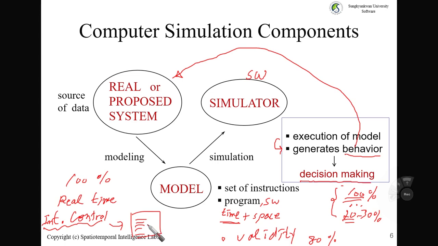So this intelligent controller is composed of simulation models, programs. Within this program, there are logics which determine the proper control of the target system. If it is about a traffic system, and say there is a traffic light, this must be controlled properly.